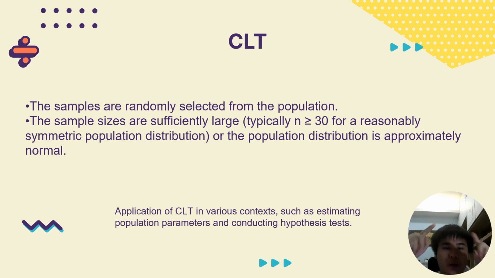We good on that? So basically it states that when sample size increases, the sampling distribution of the sample mean becomes increasingly normal in terms of shape, regardless of the shape of the population distribution.